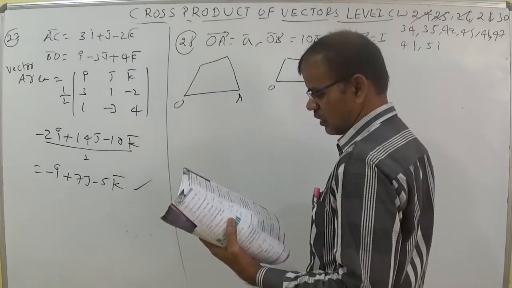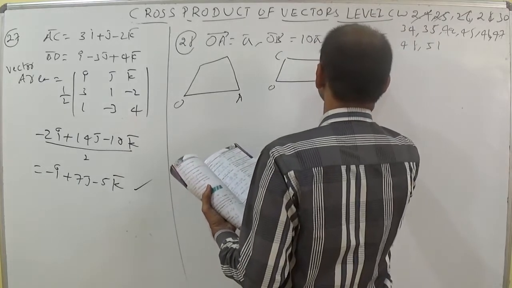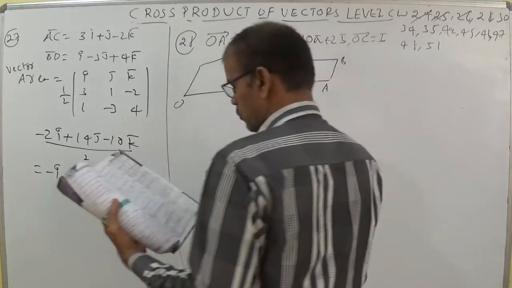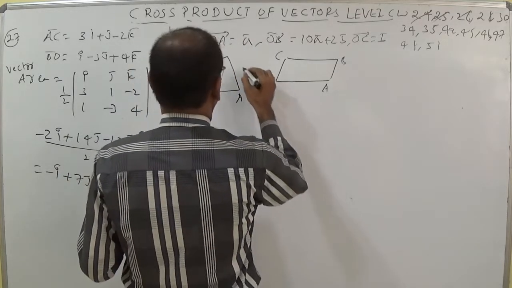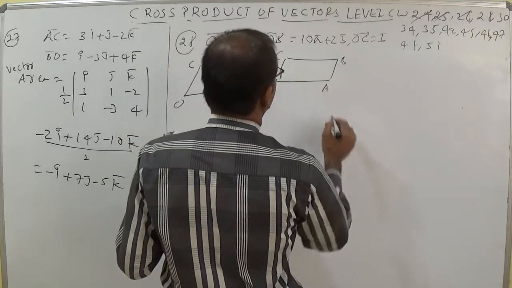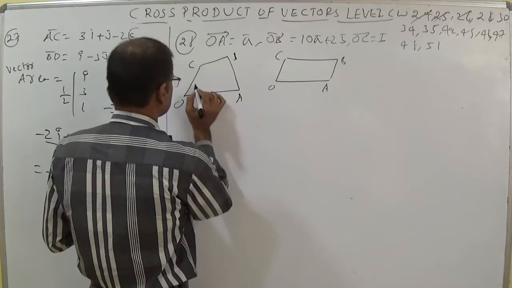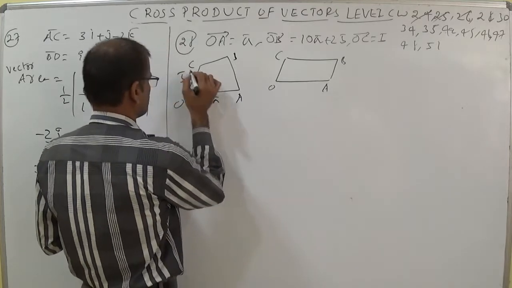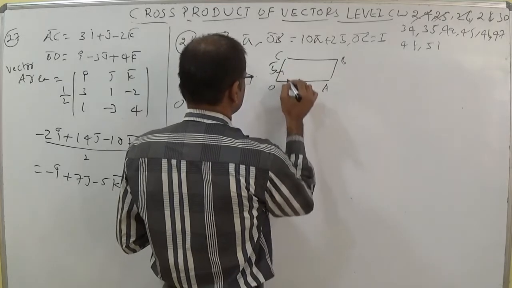So if we take OA as a bar and OC as b bar, with OB separate, let us take it like this. This is a bar, this is b bar. For this one also the adjacent sides are a bar and b bar.